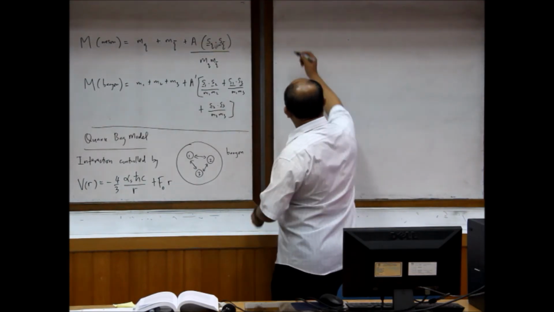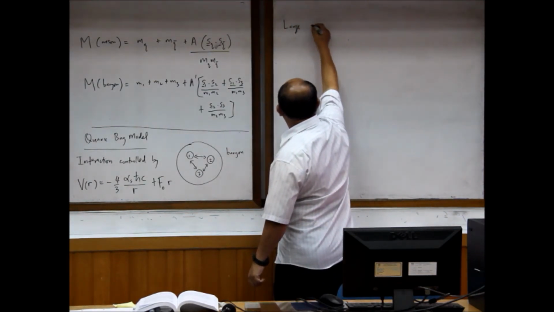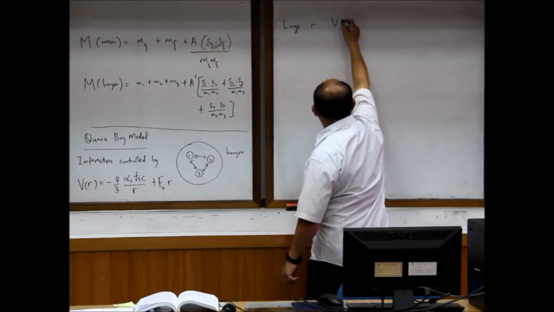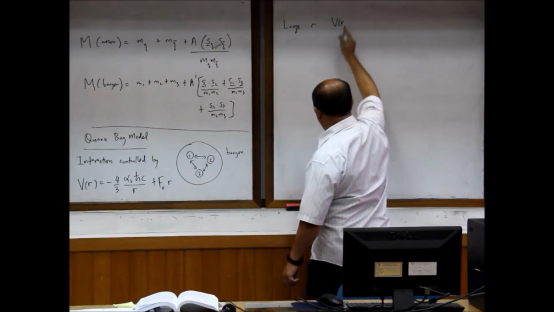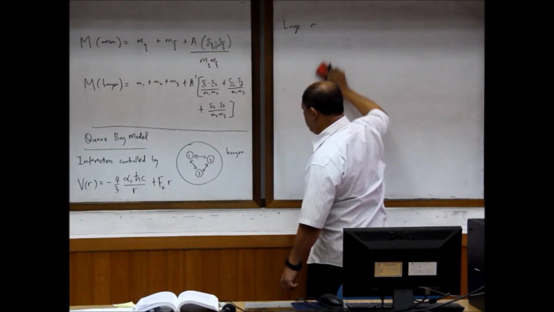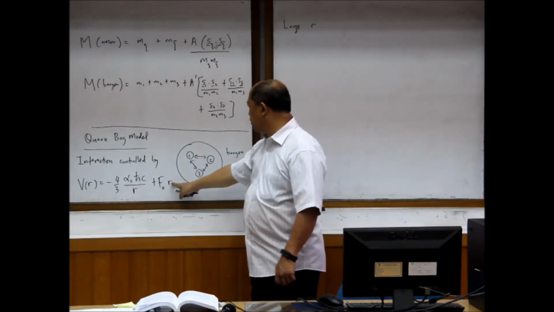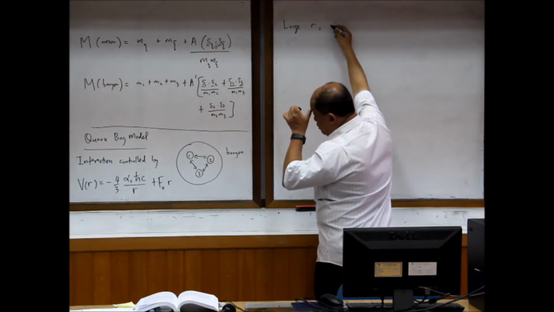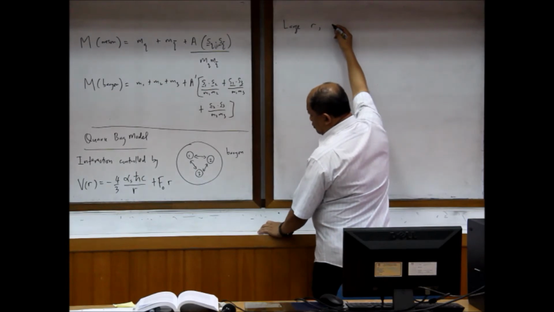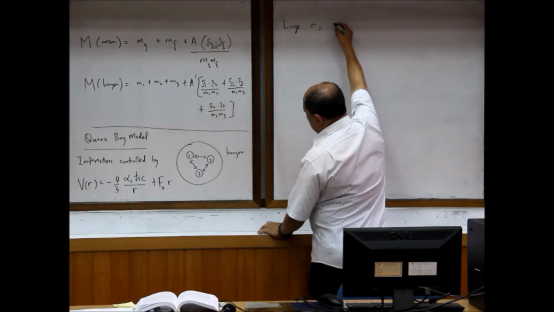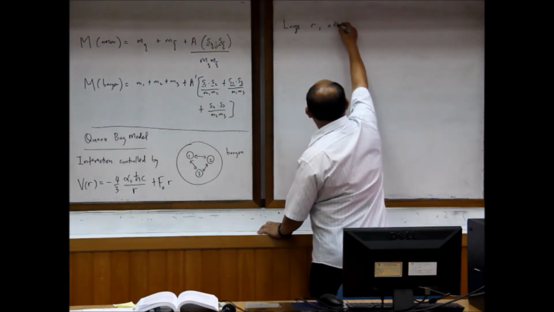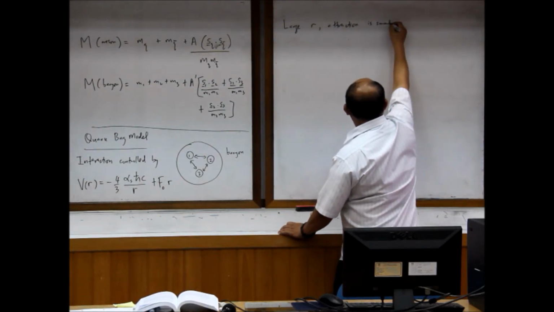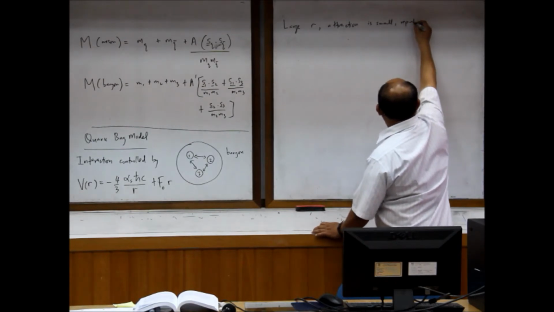For large R, it becomes stronger here. So for large R, attraction is small, repulsion large.